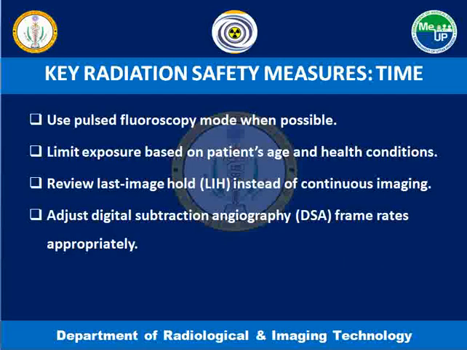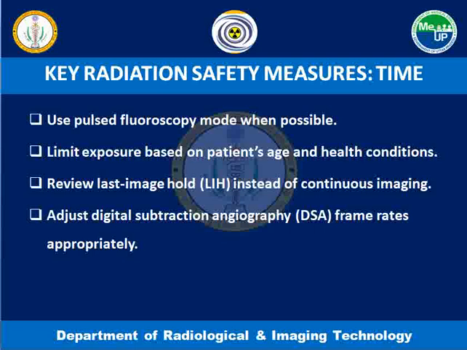Next. Key radiation safety measures. Time. Effective time management is essential in reducing radiation exposure during imaging procedures. One crucial approach is utilizing pulsed fluoroscopy mode, which minimizes continuous X-ray exposure by emitting radiation in short bursts rather than a steady stream. Additionally, exposure duration should be carefully adjusted based on the patient's age, medical condition, and the necessity for repeated imaging to avoid unnecessary radiation.